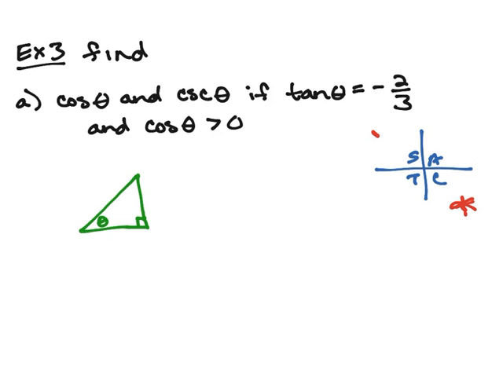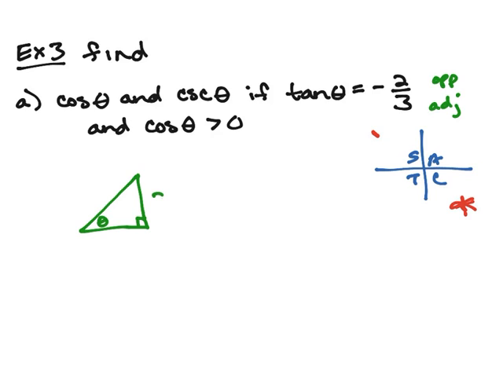And I'm just going to look at the 2/3 and I'm going to say, okay, well, this is going to be my opposite and this is going to be my adjacent then. It might not be. It could be that my opposite's 4 and my adjacent's 6. I don't know. That's a simplified fraction. But it's going to help me figure out the ratios doing it this way.